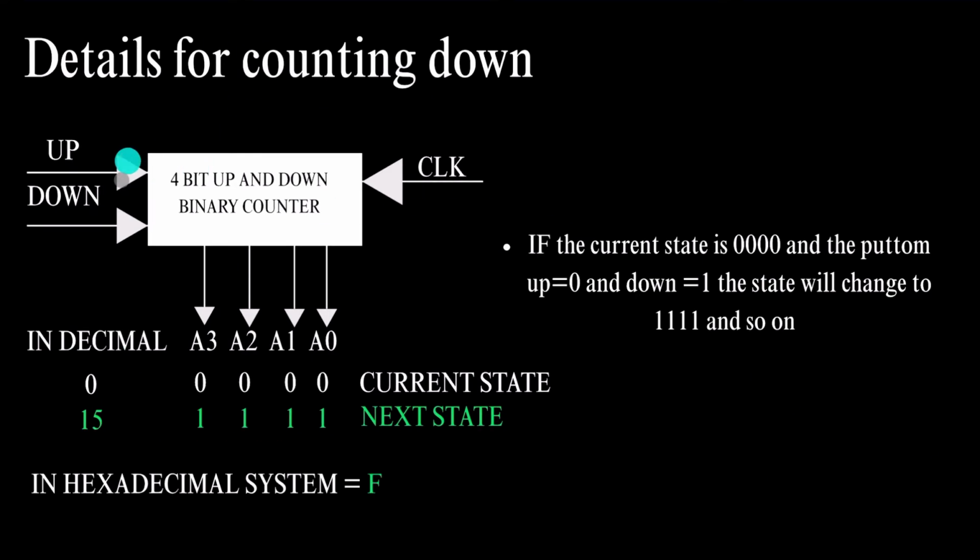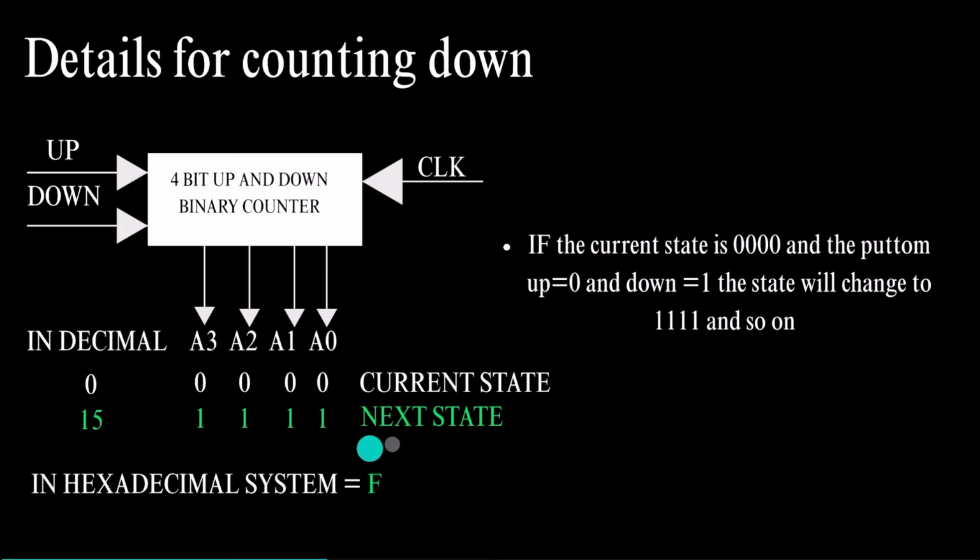Details for counting down. It's the same counter, and the current state is 0 0 0 0, which in decimal is 0. The next state, if we count down, will be 1 1 1 1. We change the signals here: up we make 0 and down we make 1, and the state will change to 1 1 1 1, and so on.